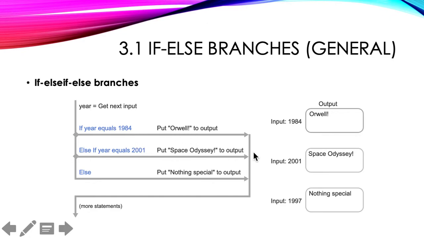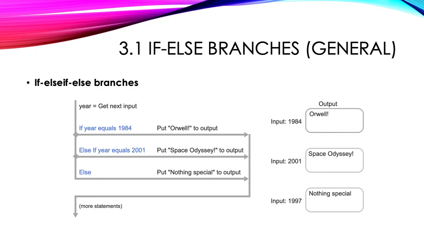Else if 2001, it's A Space Odyssey. Else, if it's 1997, it's neither of the two, so it's nothing special. So these are some general examples. These are basically an extension of the if-else statement.